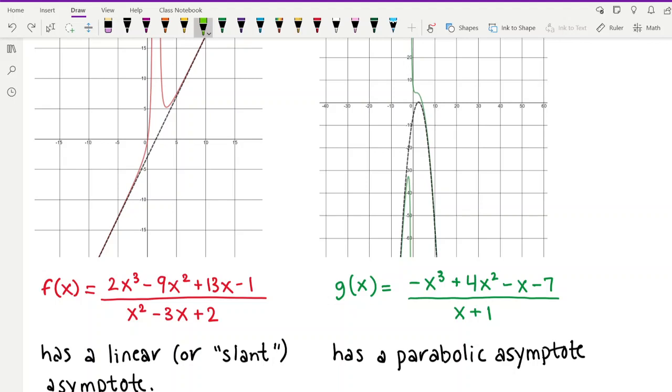So what we're going to figure out in this video is not only how to recognize, oh, this is a diagonal line, or oh, this is a parabola, but to find the specific equation of the line or the parabola.